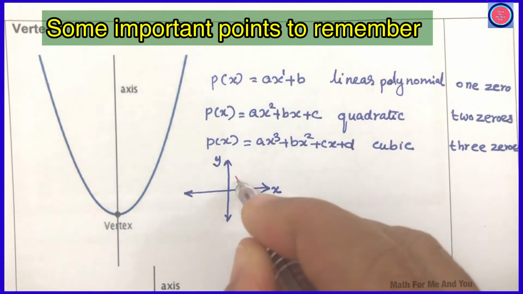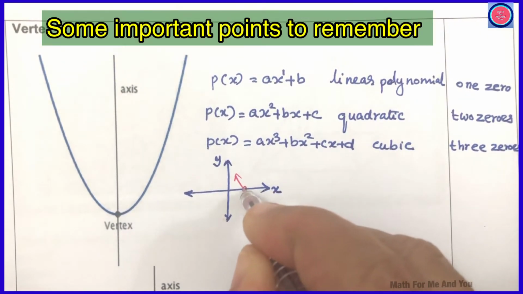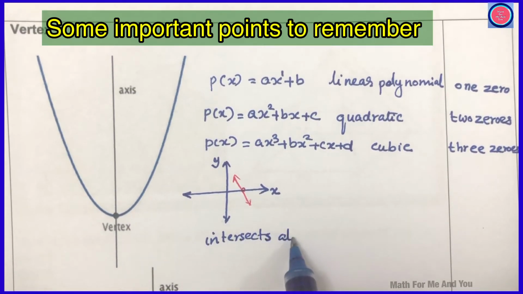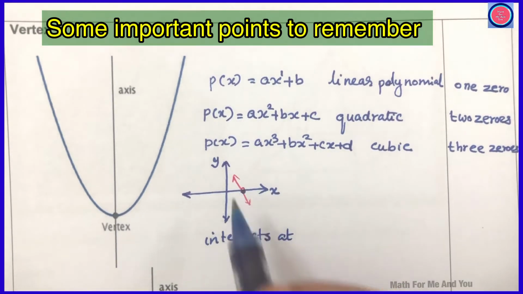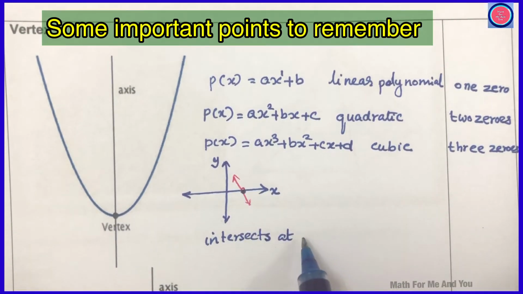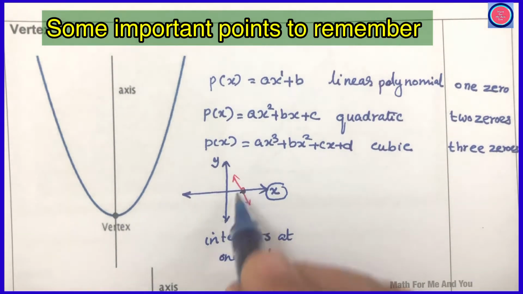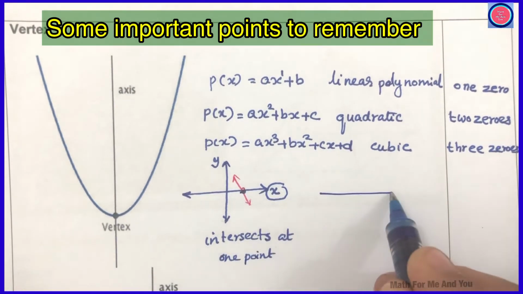It makes only one intersection with the x-axis. So we can say since the graph meets the x-axis in one point only, it has only 1 zero.